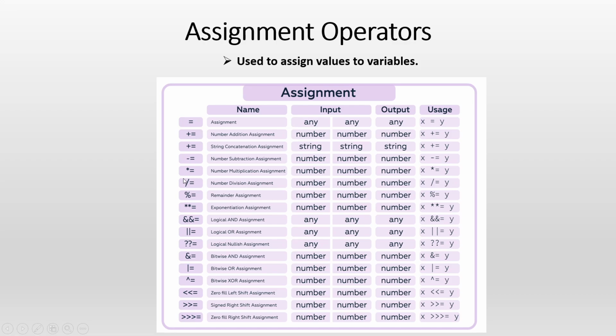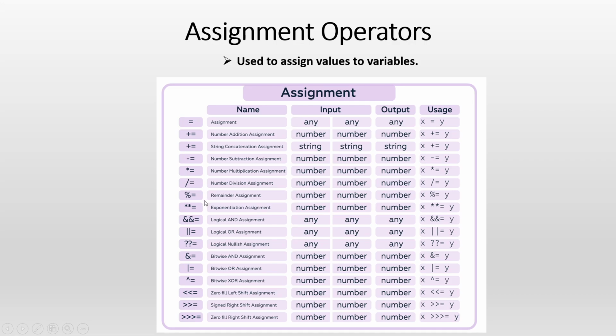In assignment operators, there are different kinds: equal to, plus equal to, minus equal to, star equal to, slash equal to. As you can see here, number division assignment, number multiplication assignment, number subtraction assignment. These are all things we use in JavaScript.